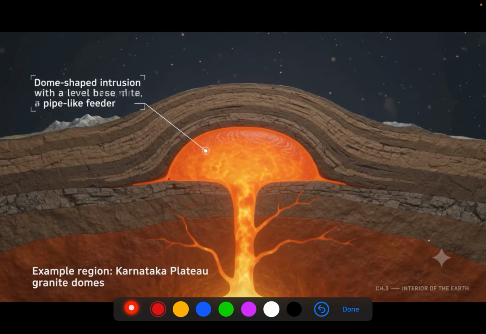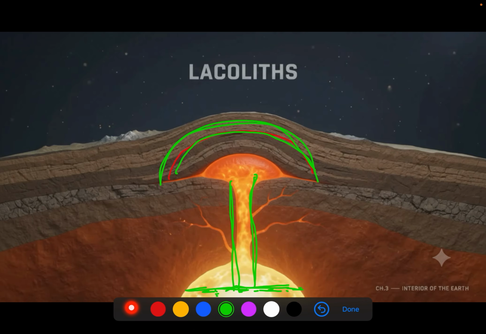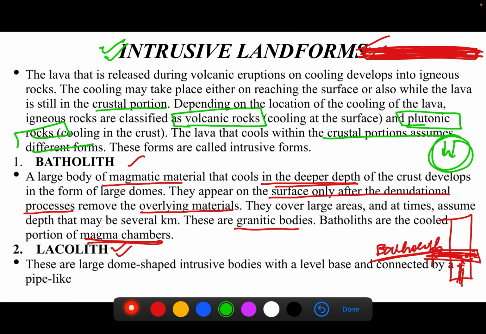Alright, so now you can see that it's dome shaped, right? Which is connected to the magma chamber. This is the source of magma, and it's connected to the source of magma through a pipe-like structure. That is laccolith.